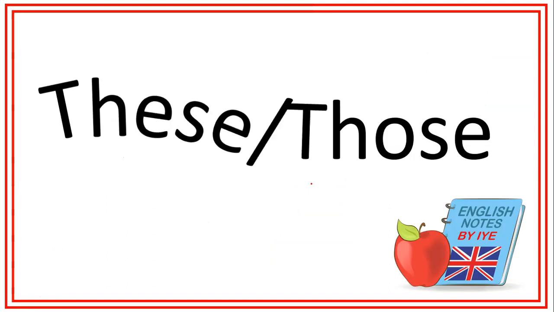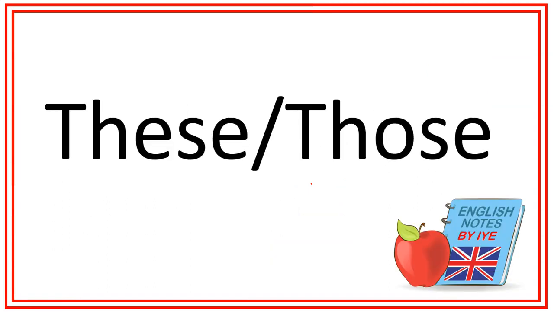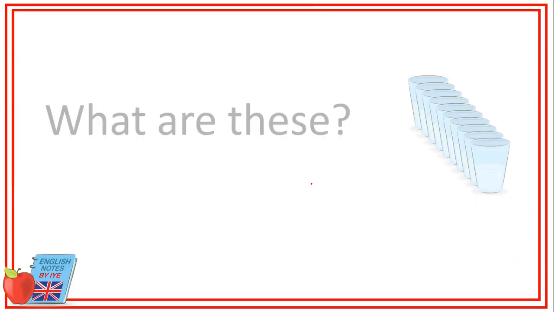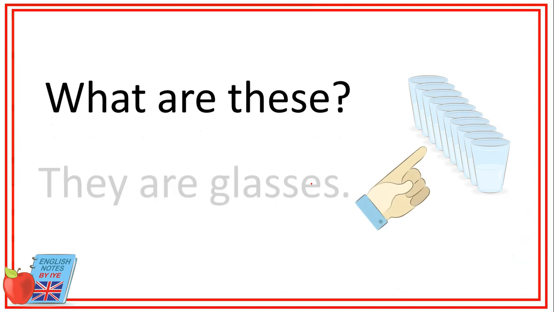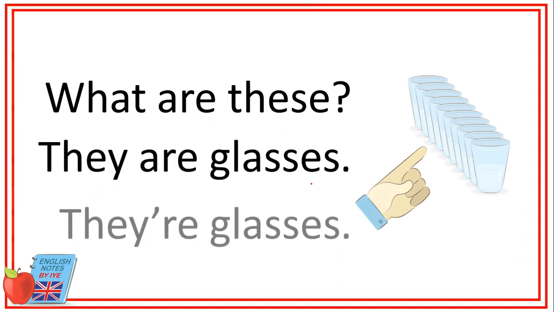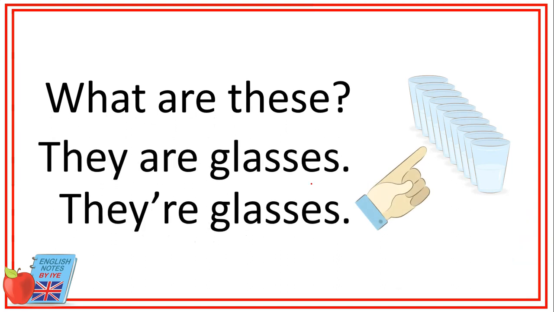Now, let's see the demonstratives these and those with the question word what. For example, we can ask, what are these? They are glasses. Now, pay attention. One more time, we're using the question word what because we are asking questions about an object. We use these because the object is plural.